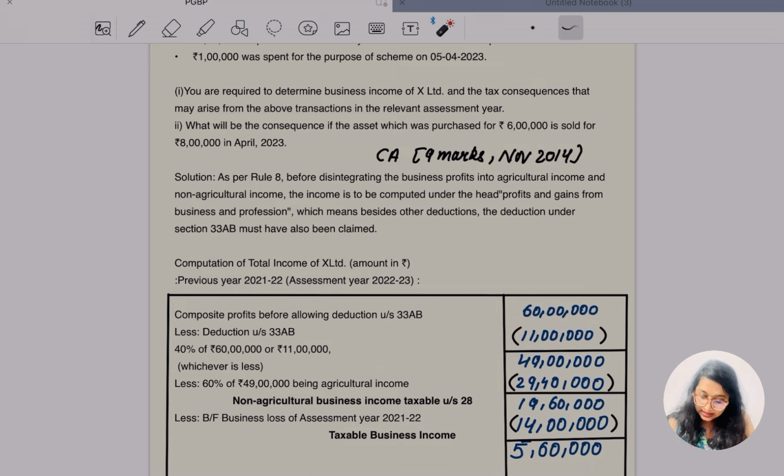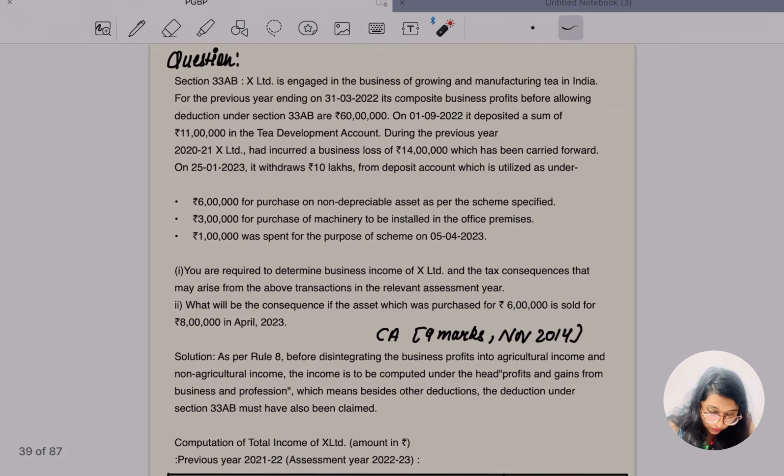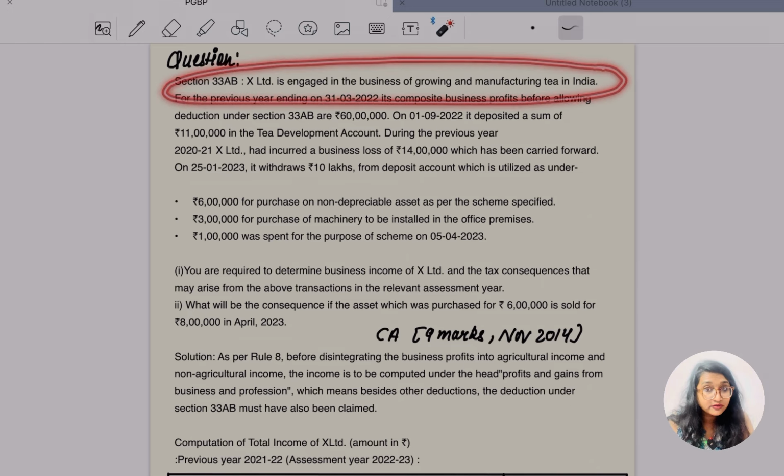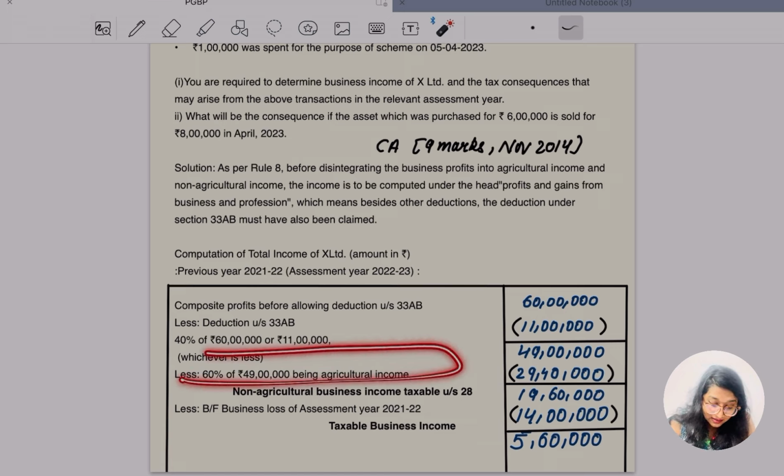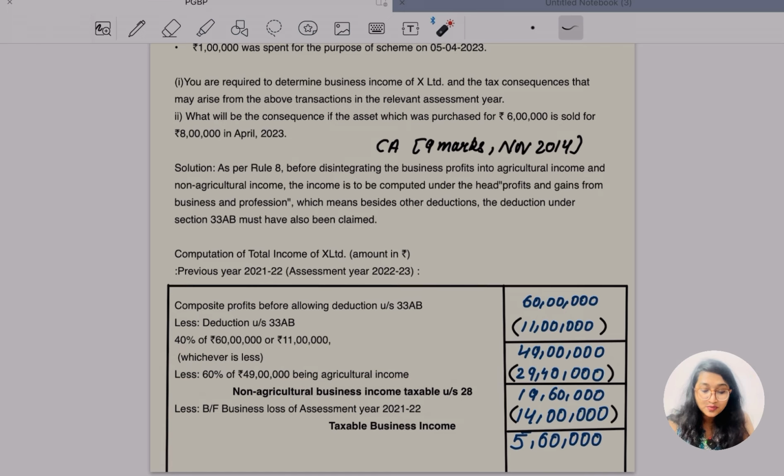Okay, so I'll get 49 lakh. Okay, from this 49 lakh, what I told you, the person was engaged in the manufacturing of tea, and I know the 60% is going to be agriculture income na. 60% is going to be agriculture income from this total business income. ठीक है, so 29,40,000 is going to be my agriculture income.